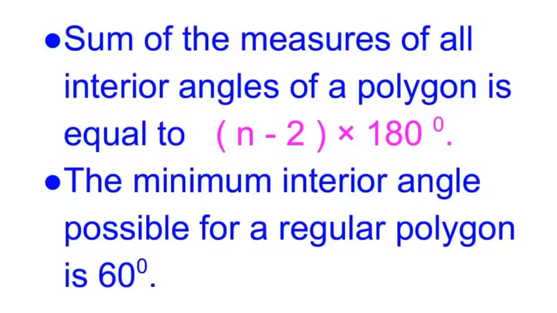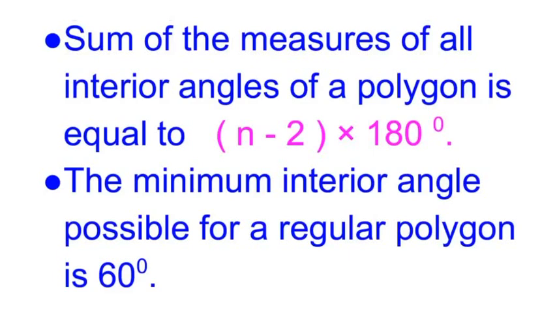Next, let us discuss some important facts about interior and exterior angles of a polygon. First, let us check the facts about interior angles. Sum of the measures of all interior angles of a polygon is equal to n minus 2 into 180 degrees. We discussed some of the interior angles of certain polygons. They are: sum of the interior angles of a triangle is 180 degrees.